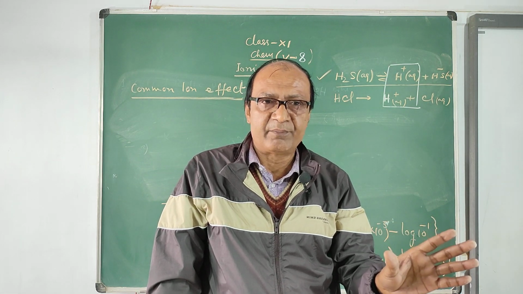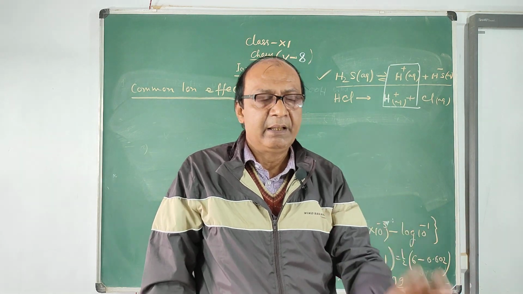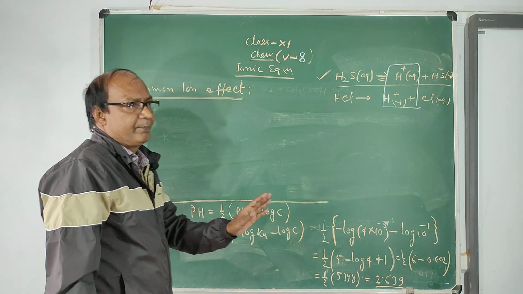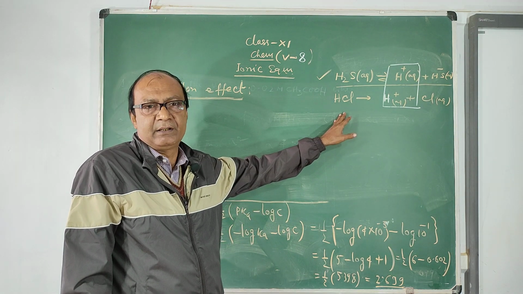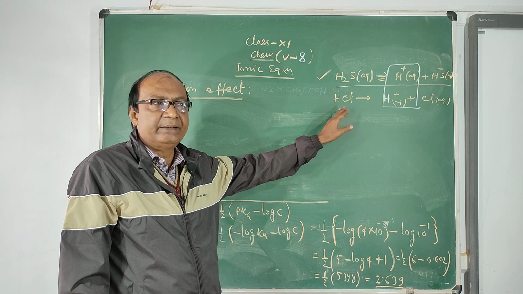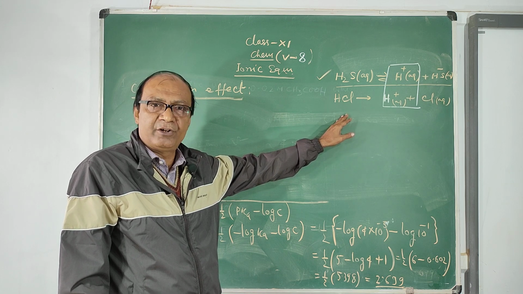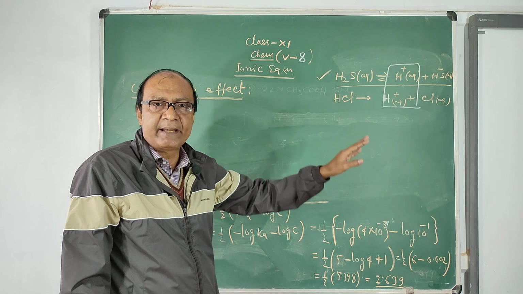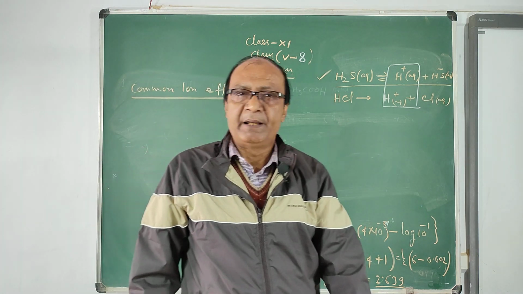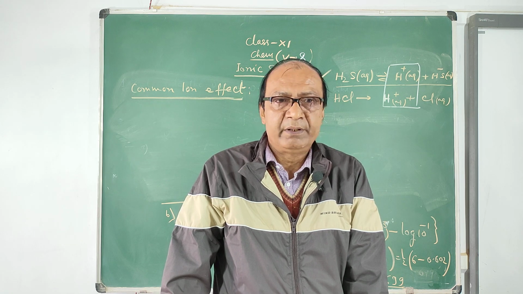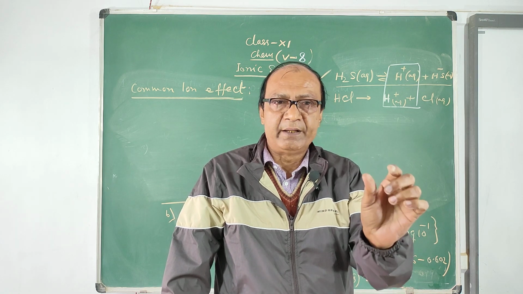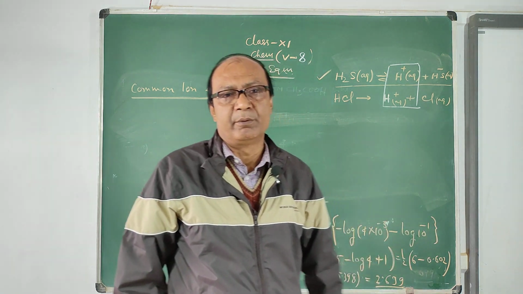Clear? This effect is very important in precipitation reactions. That will be discussed in your laboratory classes when you carry out analytical experiments in class 12. You will understand the application of common ion effect.